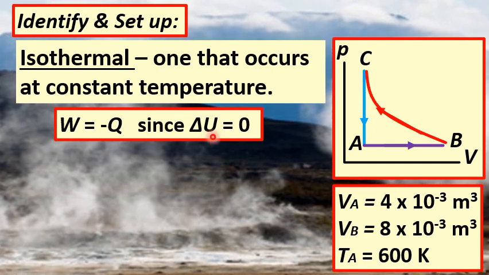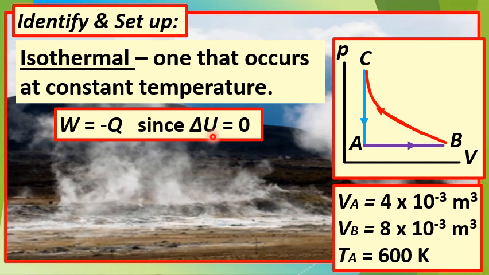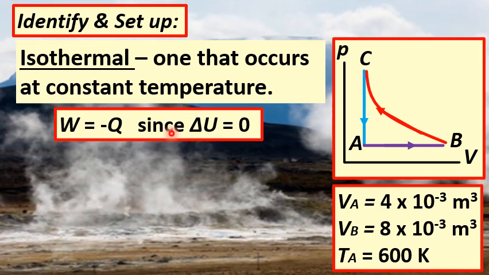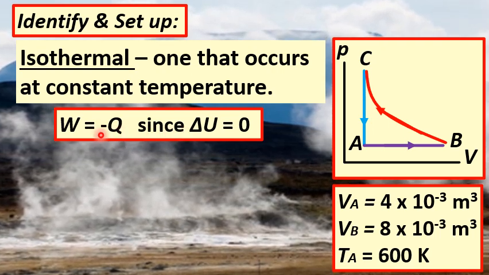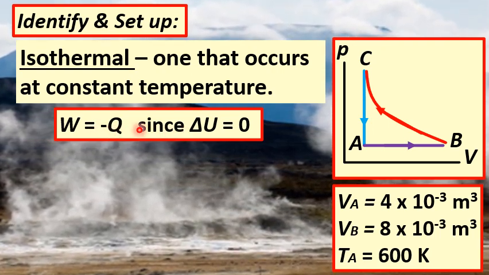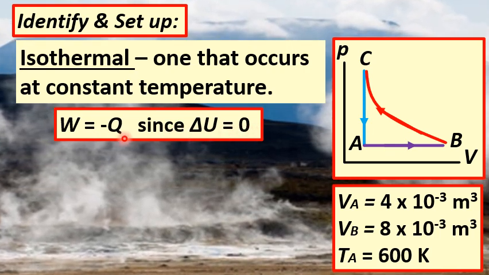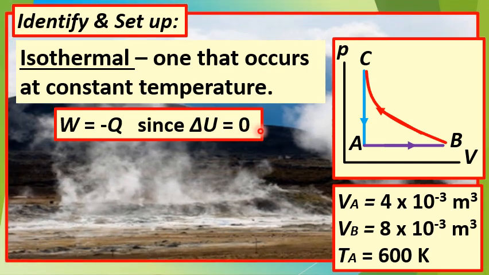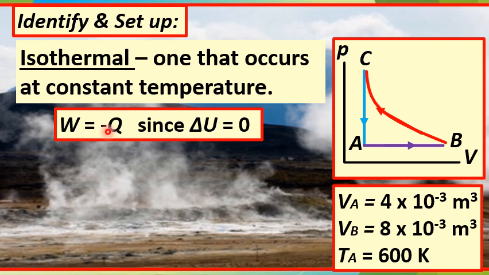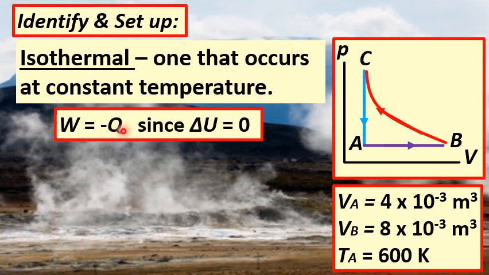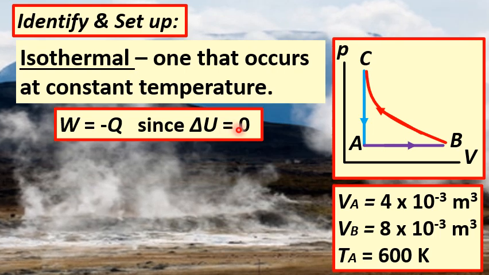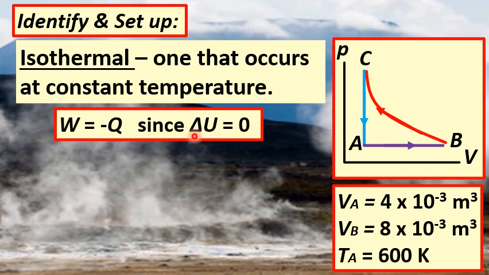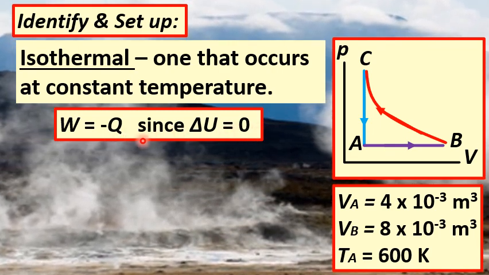So, because of that, the amount of work on the gas will just be equal to negative Q if delta U equals zero. This is based on the formula for the first law of thermodynamics. And negative Q here represents the heat or thermal energy that is given up or liberated by the system, in this case by the gas.